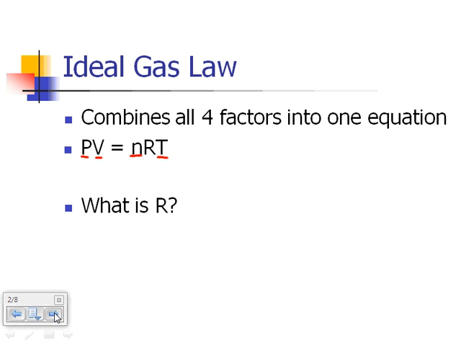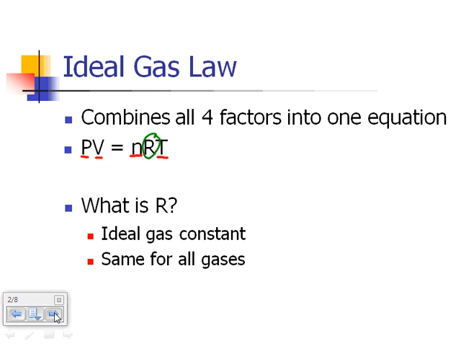So we have this other factor sitting in there right now, this R value. What is R? R is called the ideal gas constant, and it is a constant. It's a set number. You don't have to memorize it, just have to know what it is and what it is all about. This constant is the same for all gases. It doesn't matter what gas it is.